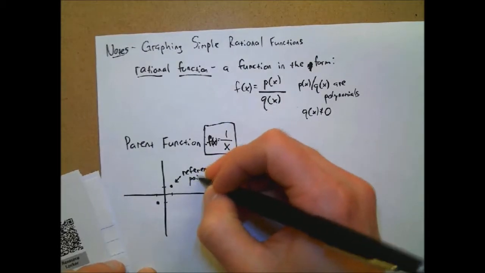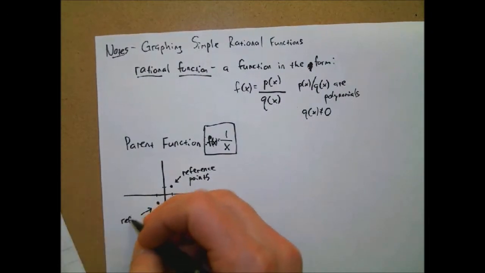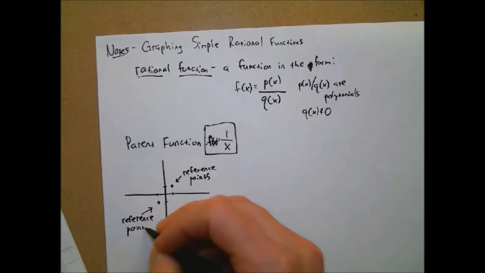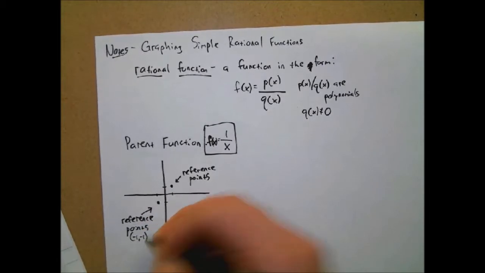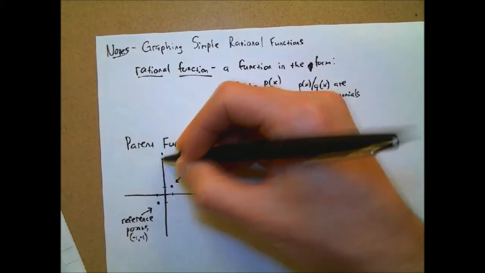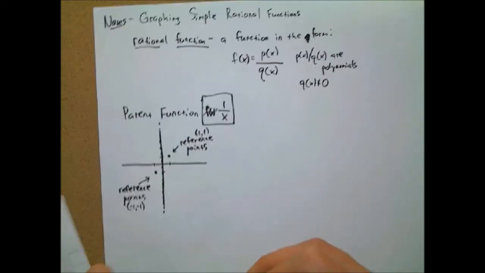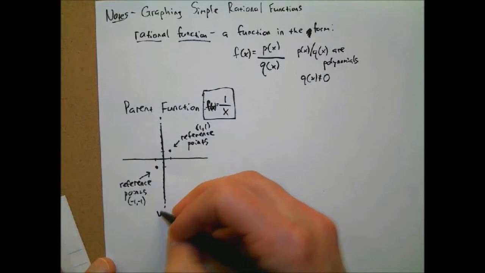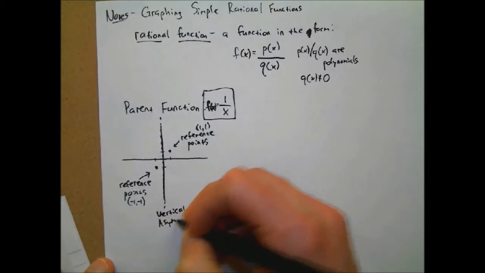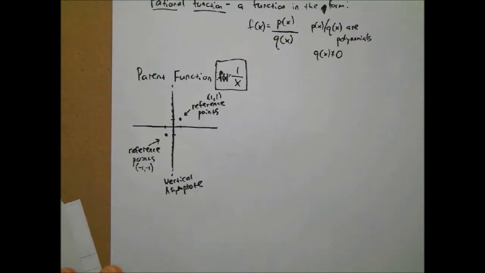Because, of course, when we learn a new function, we have to transform it as well, right? And then there's our asymptote. I'm going to draw that in with a dotted line. Vertical asymptote. You don't really pronounce the p.